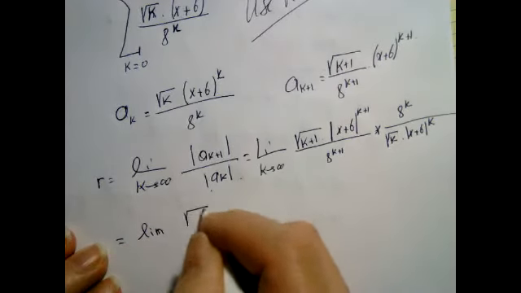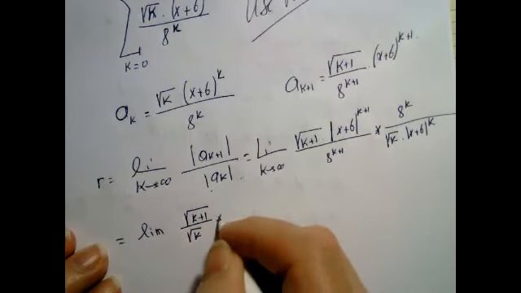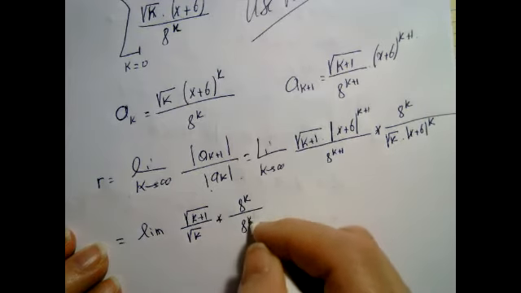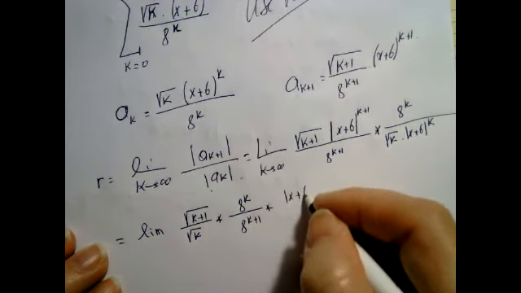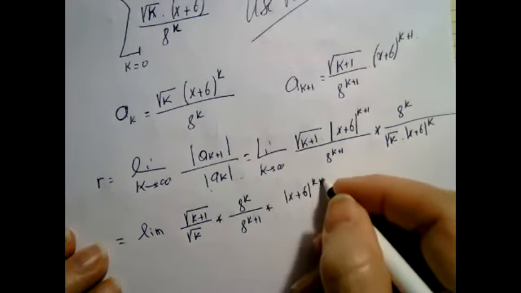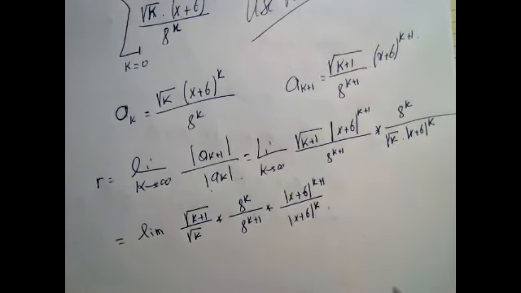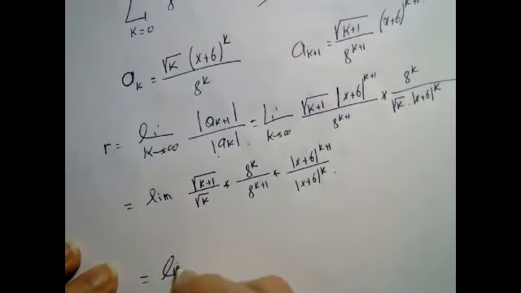I will have the square root of k plus 1 over the square root of k, times 8 to the k over 8 to the k plus 1, times the absolute value of x plus 6 to the k plus 1 over x plus 6 to the k. So I simplify and then I find the limit.